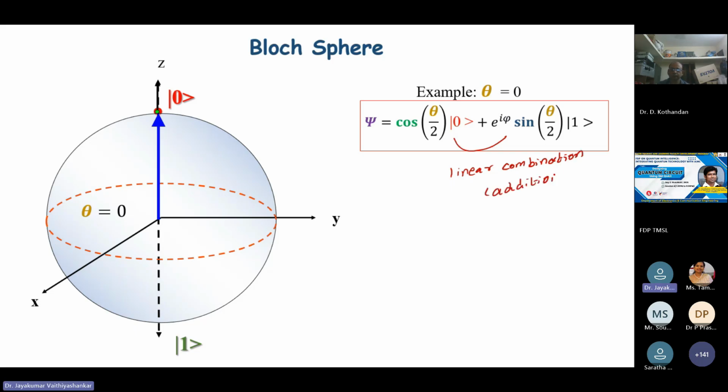So if you want to describe any quantum state vector, you need to know both the components for state 0 and the components for state 1. That is why we are adding. If you add these two components, you know all the information about your quantum particle.